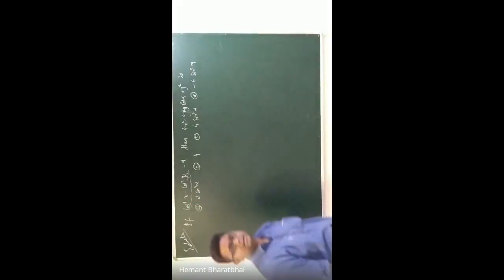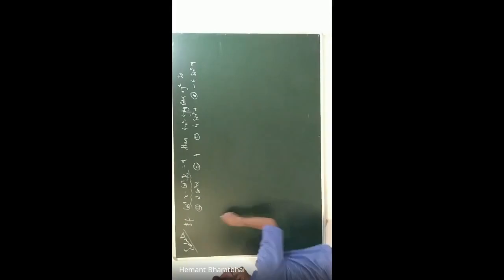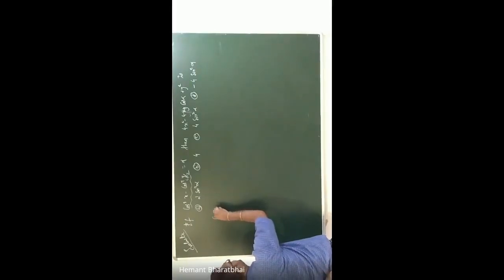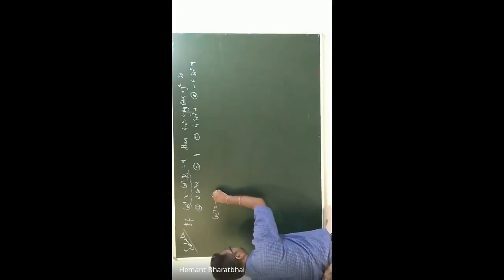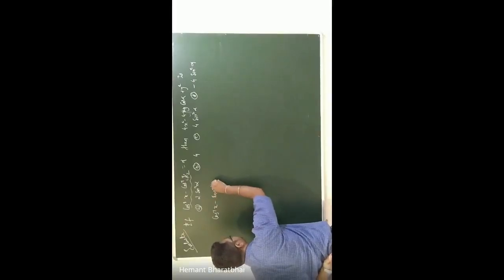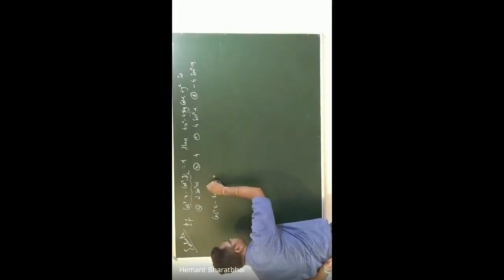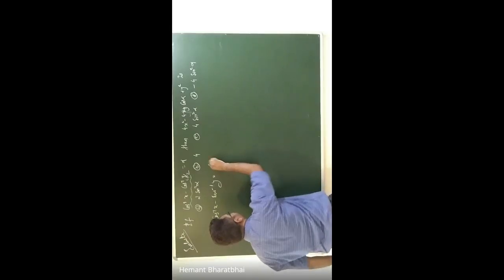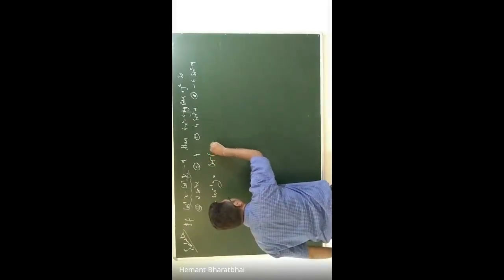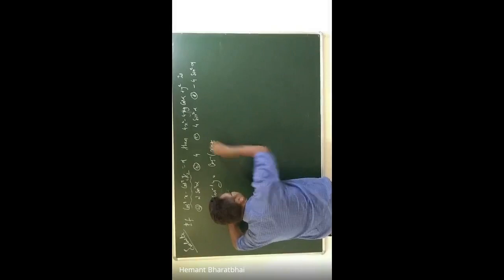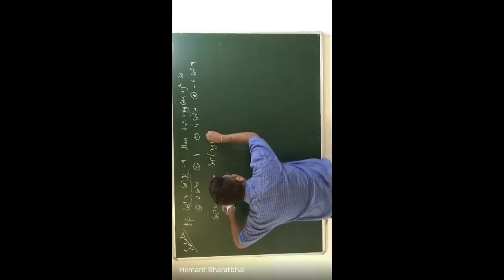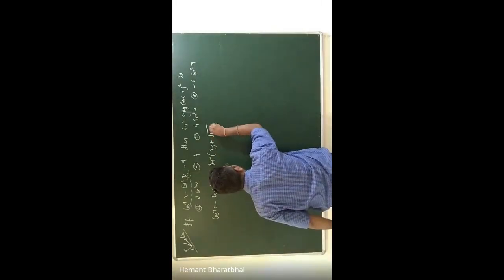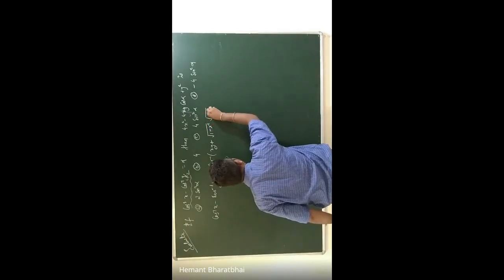So we have to apply the formula of cos inverse of x minus cos inverse of y. This formula is nothing but cos inverse of xy; if it is minus, then here it is going to be plus, into under root of 1 minus x square into under root of 1 minus y square. So this is the formula.